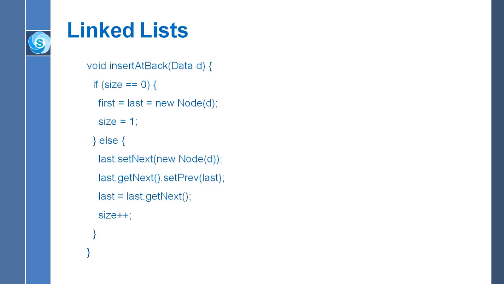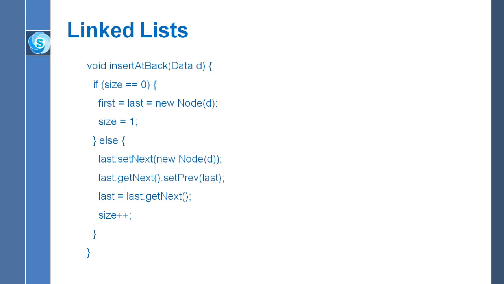The upshot of these last two statements is this. Before we created the new node, there was already a last node in the linked list. Now we've created this new node, and we want it to become the last node. But before we can do that, we have to take the current last node and have it point to the new node, and also take the new node and have it point back to the current last node. We have to link them together.